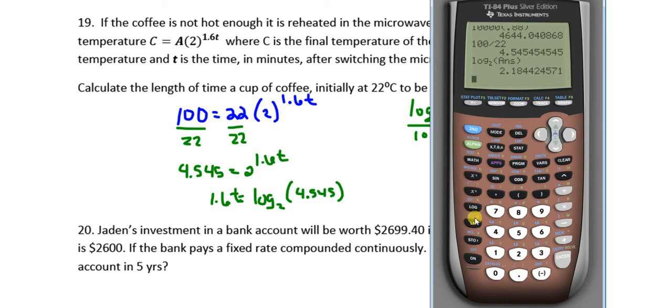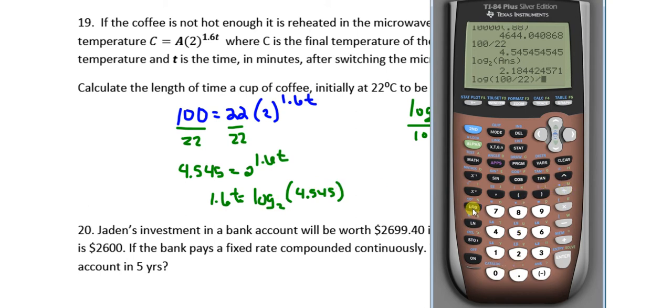But if you did log of 100 divided by 22, that's 4.545, and then I divide that by the log of 2.